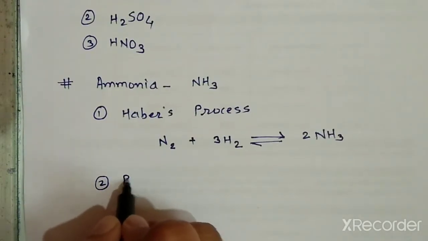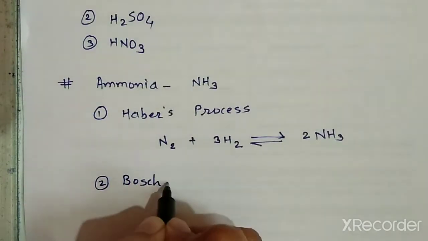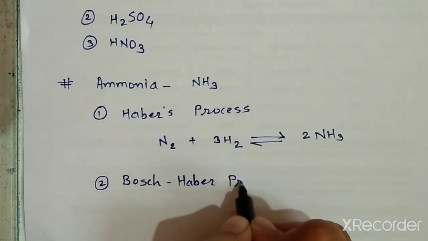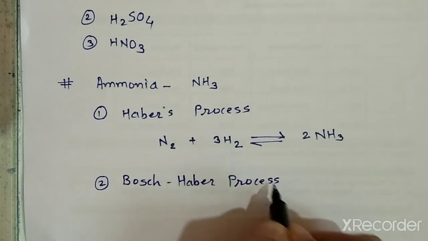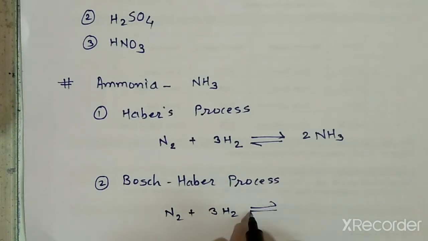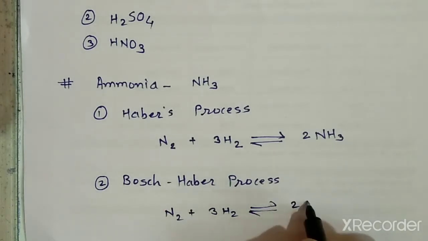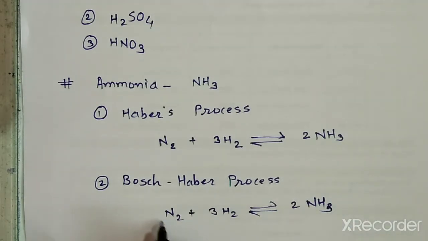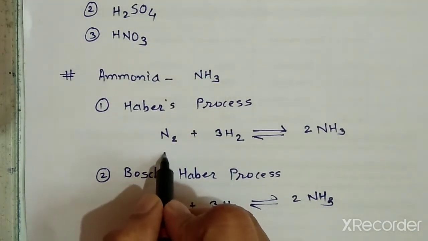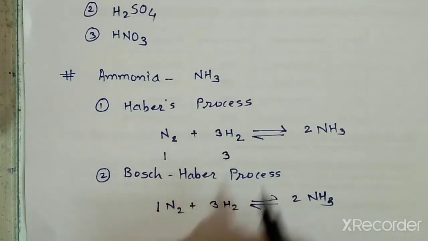The Bosch-Haber process is a modified process of Haber's process, and it also uses nitrogen and hydrogen in the same proportion, that is 1 mole of nitrogen and 3 moles of hydrogen, which gives 2 moles of ammonia.